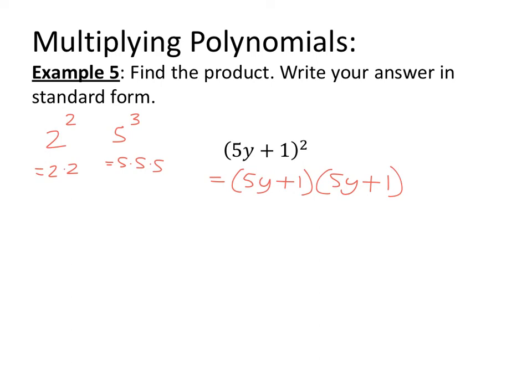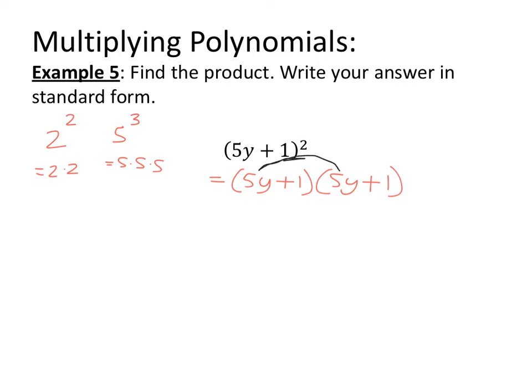So once we recognize that this equals this, similar to why 2 squared equals 2 times 2, or 5 cubed equals 5 times 5 times 5, then we can just simply multiply this out like we've done in the past. So I can do the 5y times 5y.